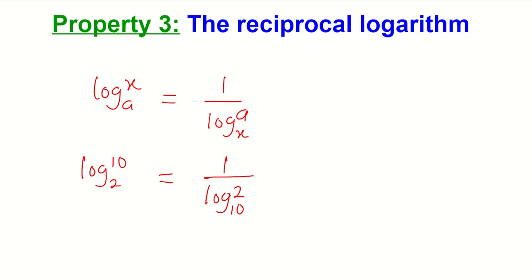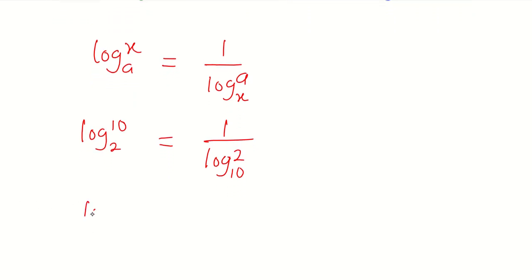We can also have an example like logarithm of 8 to the base 3. The reciprocal logarithm can be applied such that we have 1 out of logarithm of 3 to the base 8. So this is the third property of logarithm, and we continue to the next one.